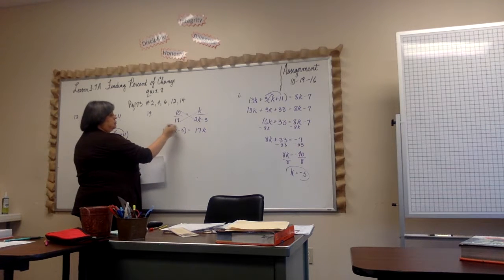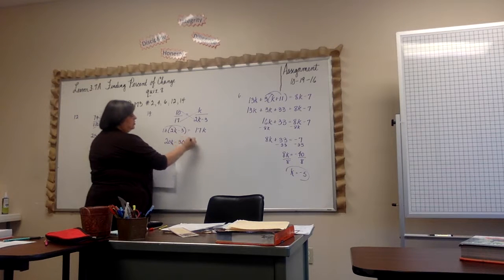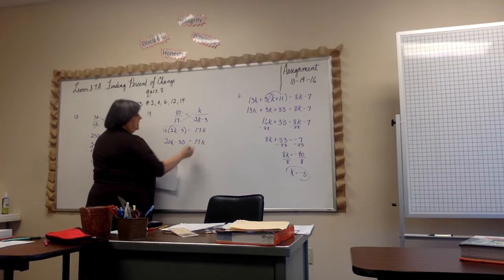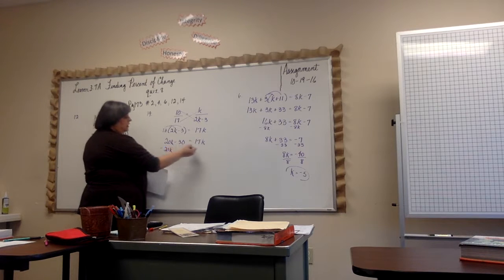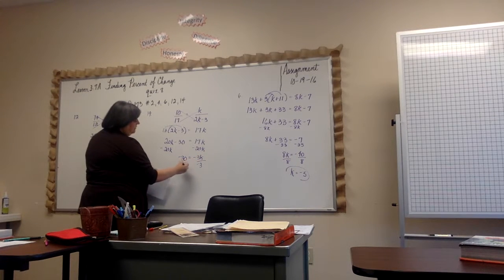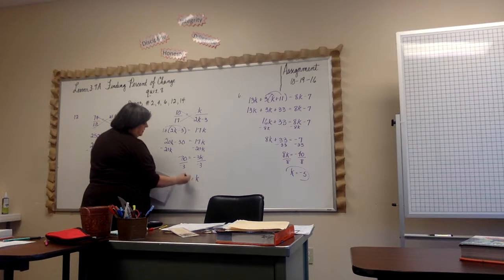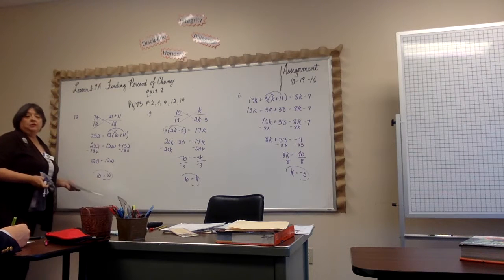So then I'll do the distributive property. We'll have 20k minus 30 equals 17k. So I'm going to cross over to get the k's together. And then when I divide by -3, it comes out +10 for the answer. Question on 14?